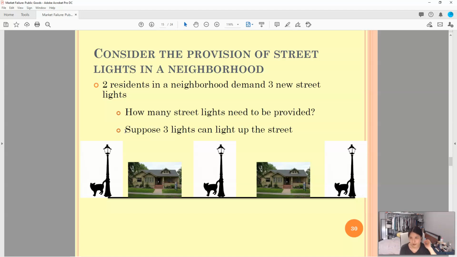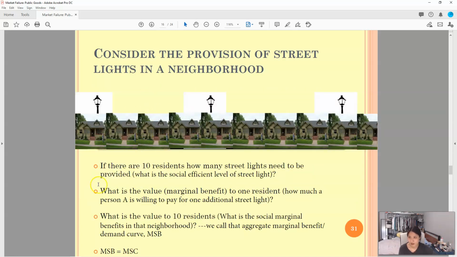I will say 3, right? So if there are 10 residents, how many street lights need to be provided? Also 3 or more. So what is the marginal willingness to pay of each person? What is the social marginal willingness to pay? Social marginal benefits of 10 persons.